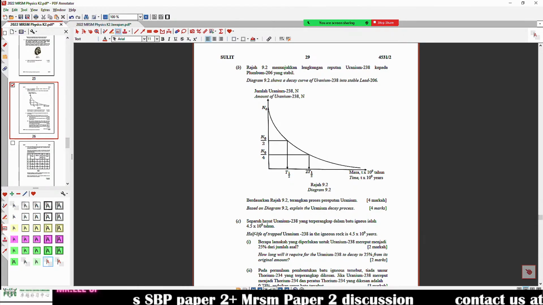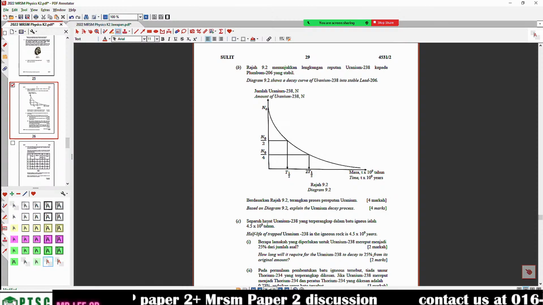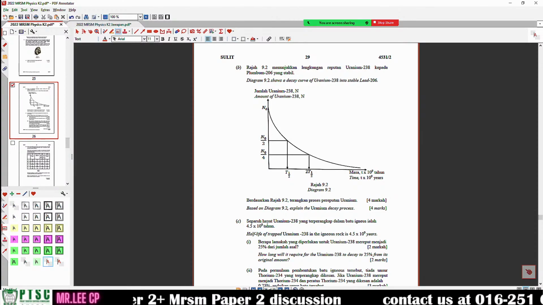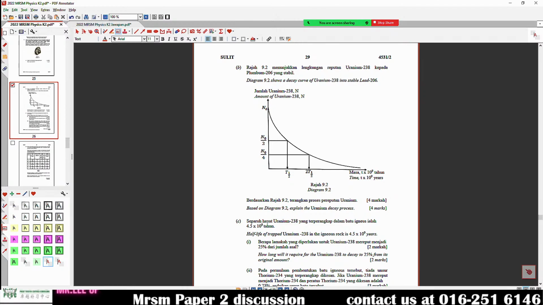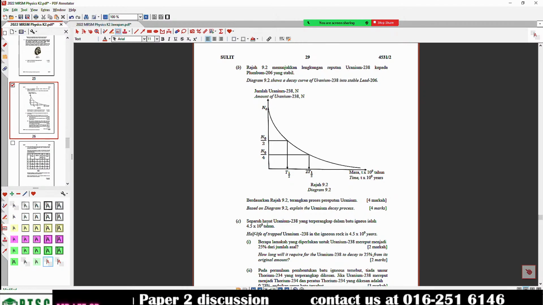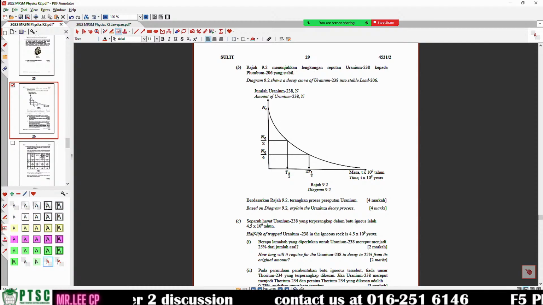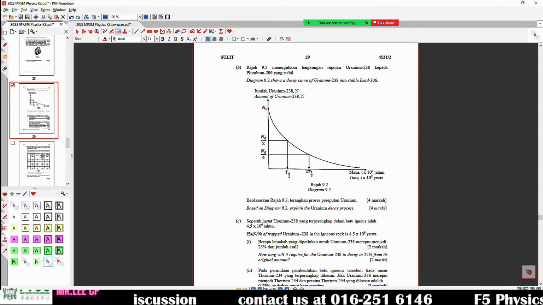This gives you nothing and asks you to write for 4 marks. Okay. Before we see the answer, first mark. Based on 9.2, explain the uranium decay process.